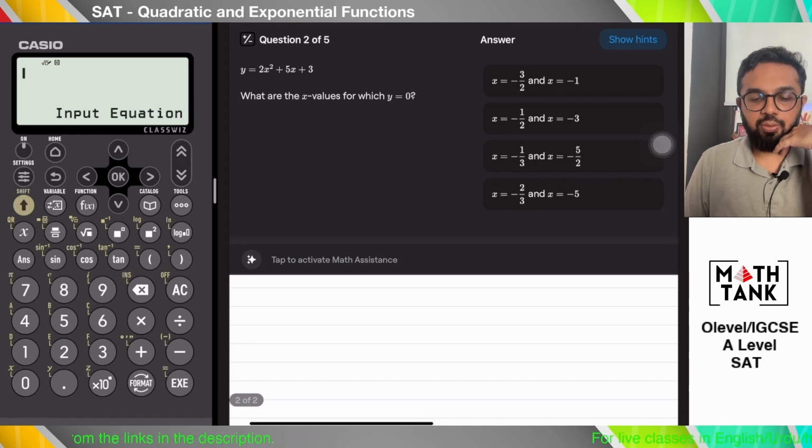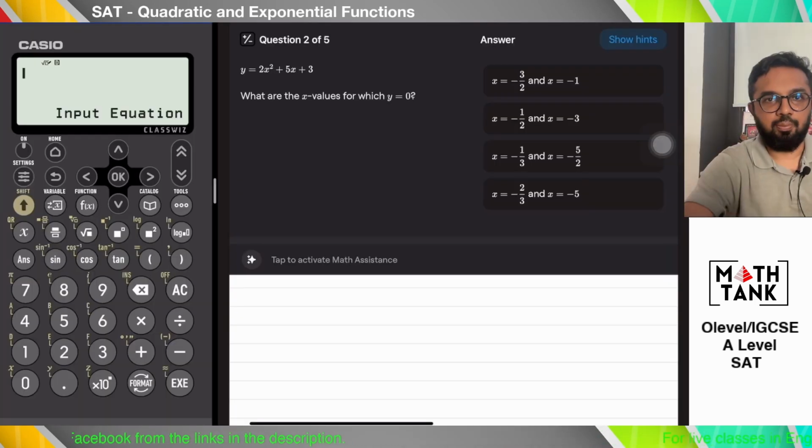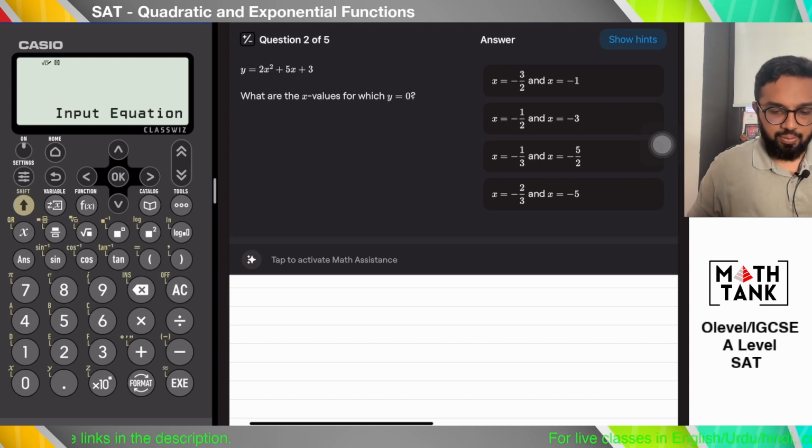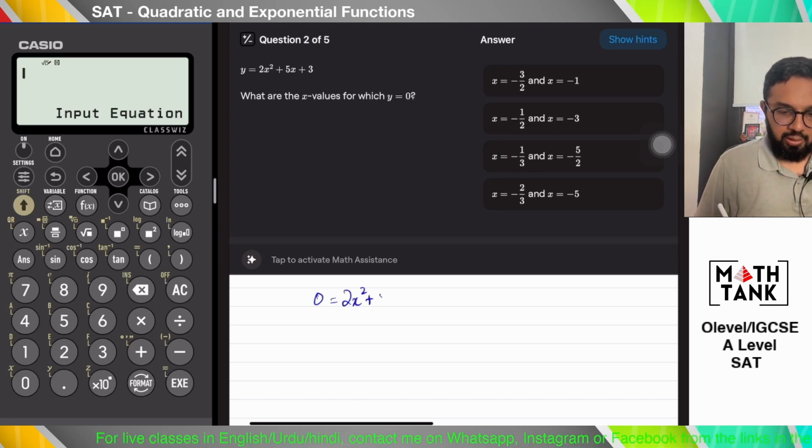Moving on to the next question. Question number 2 says y equals 2x squared plus 5x plus 3. What are the x values for which y equals 0? Okay, I could again factorize this and find out.